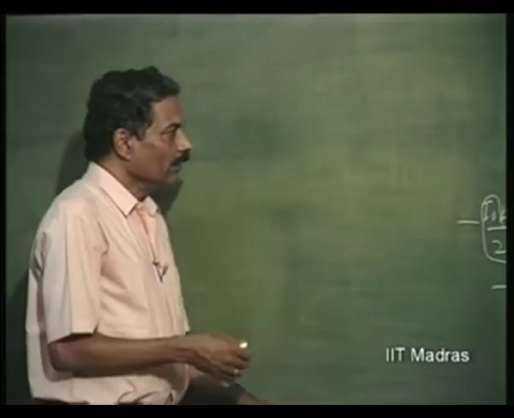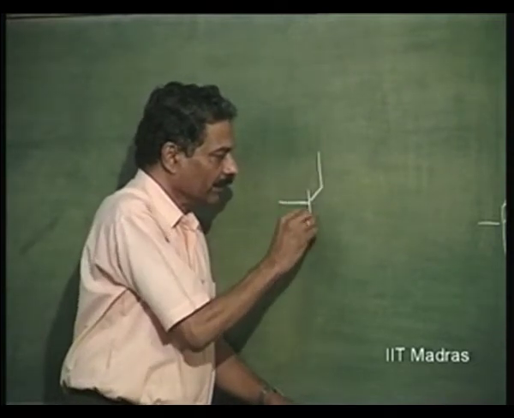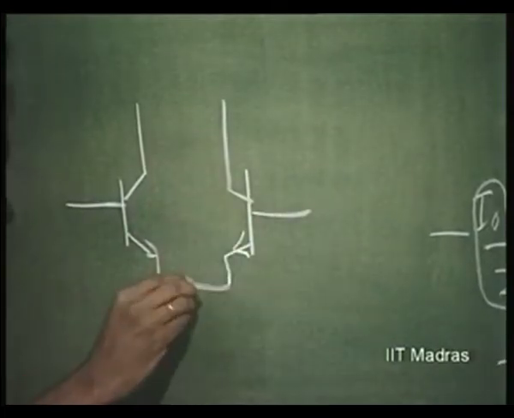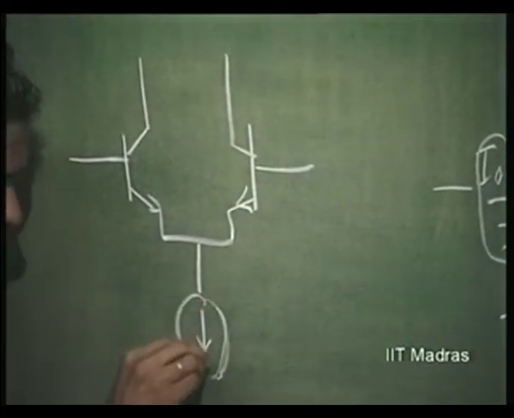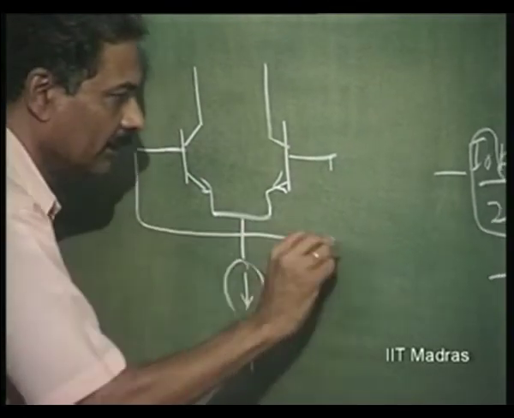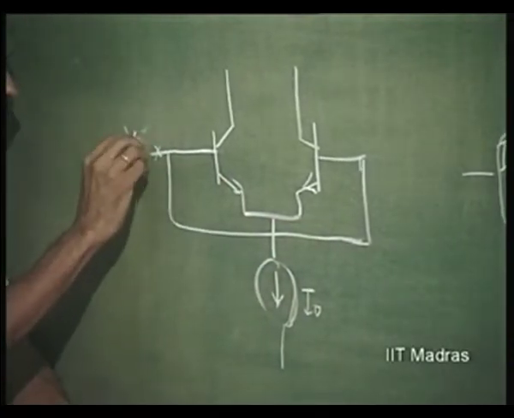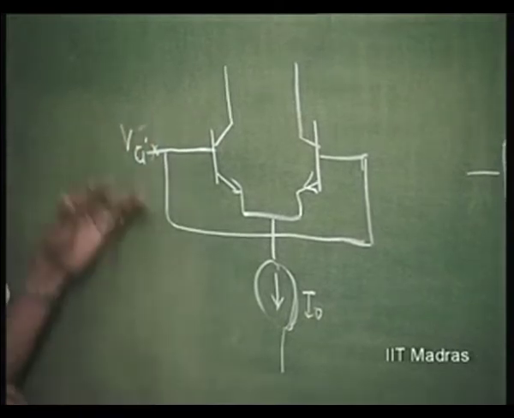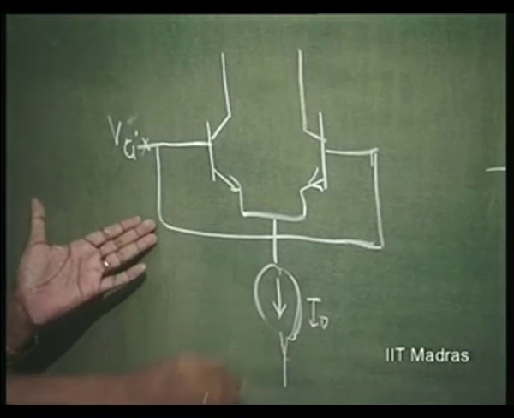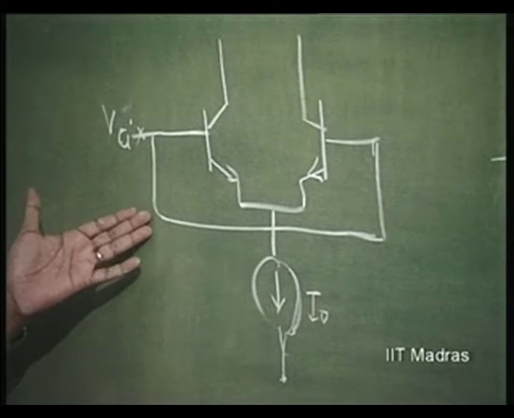Now, we have another aspect of the amplifier to be taken care of in the differential amplifier. If this is operating at a current of I naught, apart from the differential signal, you have a common mode signal which is coming into picture, Vcm. So, if there is no differential signal, only common mode signal is present, how do we now fix up the signal limitation at the input?